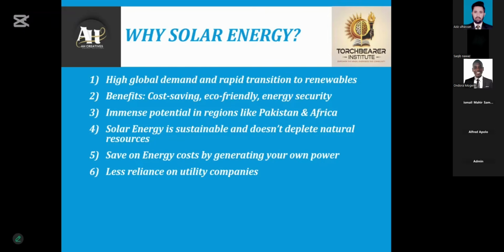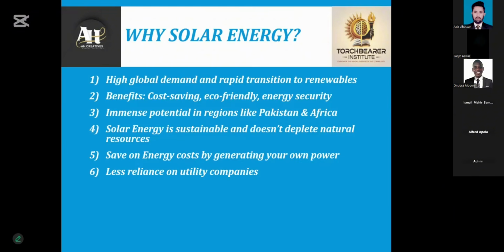Another point is that solar energy is sustainable and doesn't deplete natural resources, so it's very important to install solar power plants, maybe solar photovoltaic and concentrated solar power plants. Also it saves on energy cost by generating your own power.